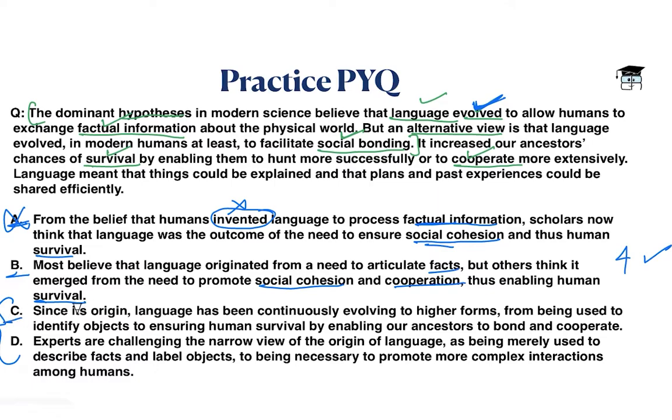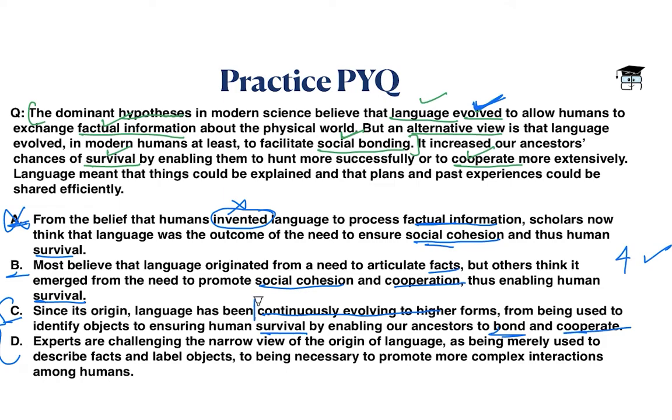Option C. Since its origin, language has been continuously evolving to higher forms. Okay. From being used to identify objects to ensuring human survival, one keyword, by enabling our ancestors to bond and cooperate. 3 keywords are here. The 4th one, which is factual information or facts, is not present in the statement.